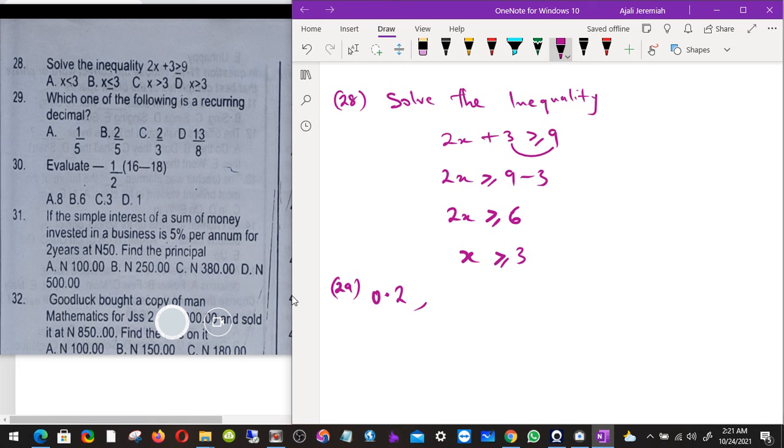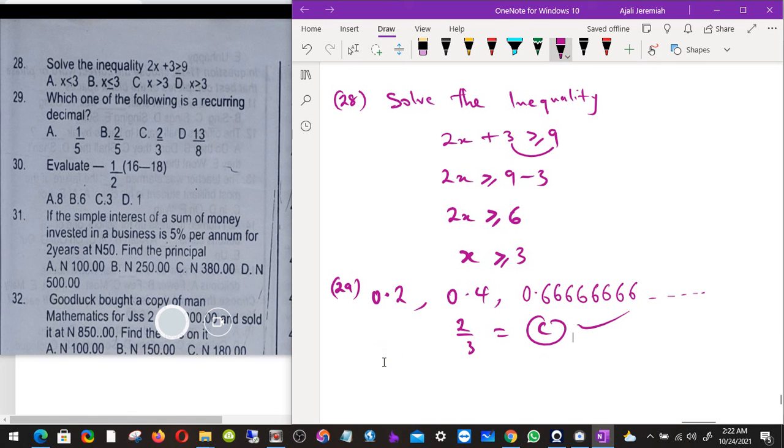If you divide 2 over 5, that is 0.4. If you divide 2 over 3, it won't end because you keep getting this continuously. So this is the recurring decimal. So the answer is 2 over 3, and that's option C.